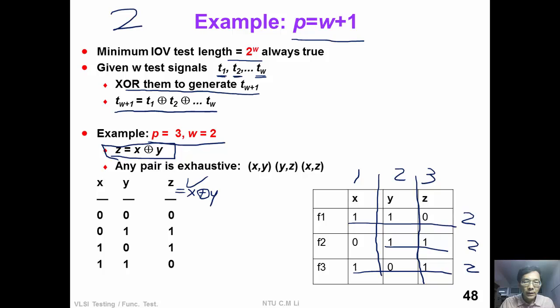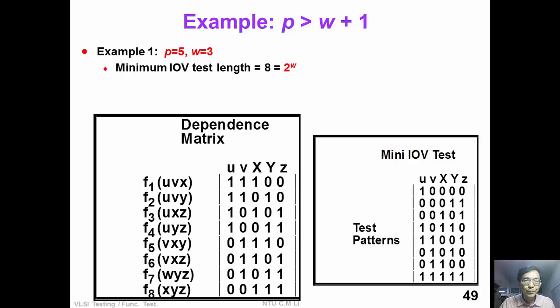If you take X and Y, these 4 test patterns are exhaustive. Or if you take Y and Z, they are also exhaustive. If you take X and Z, these 4 test patterns are also exhaustive. No matter which pair you take, you always get an exhaustive test. So this is a valid IOV test.